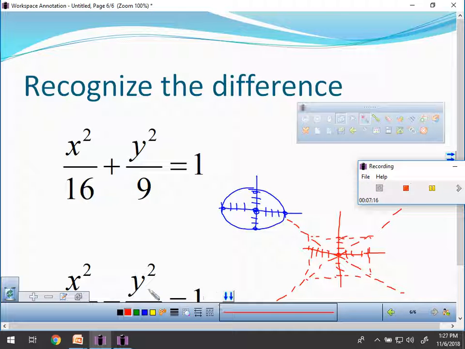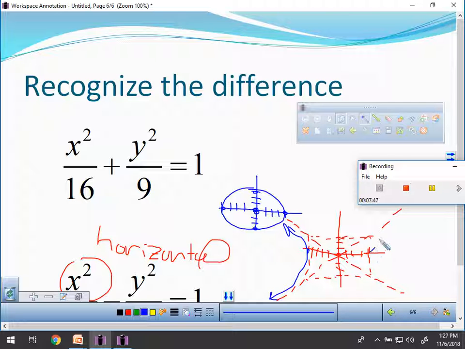So here's what I'm going to do. Because this is x squared, it comes first, this is a horizontal hyperbola, which means it's not going to open up and down, it's going to open left and right. And so where I'm going to put that is I'm going to put this point right here, where that point was right there, and then I'm going to hug the asymptote very closely, and there is my image, so opening to the left and then opening to the right.